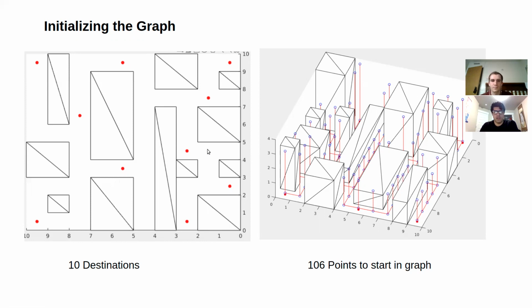So instead, I created these initialized points, which, if you think about having a map of a city, we could basically create this initialized graph with points along the road and then points up in space to the height of the building.